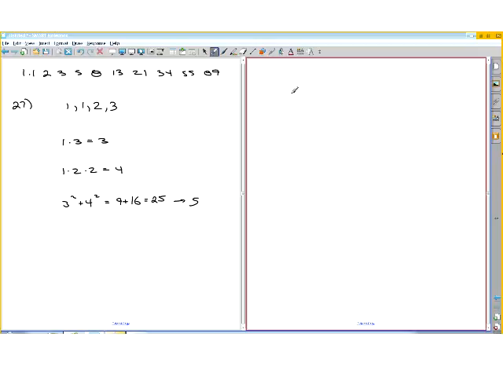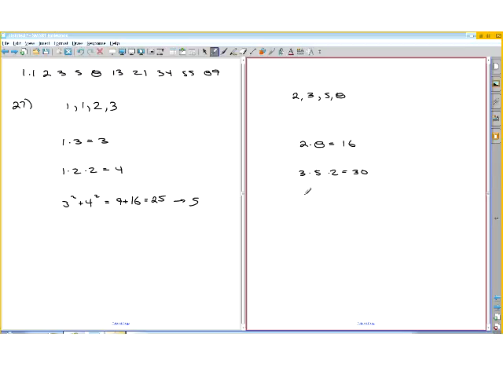So let's try 3, 2, 3, 5, 8. So what do we do? We take the first times the fourth. That's 16. We take the second times the third, and we double it. So that's 15 times 2 is 30.